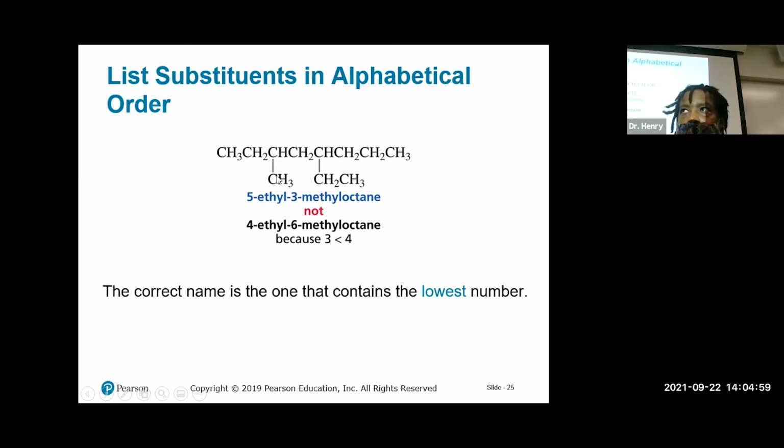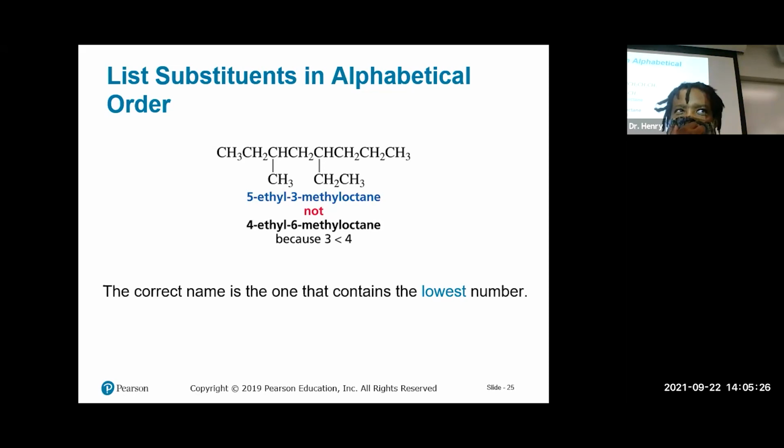We have a methyl coming off of the 3rd carbon, and we have an ethyl coming off of the 5th carbon. Is that right? Or we could have an ethyl coming off of 1, 2, 3, 4, the 4th carbon, and then a methyl coming off of the 6th carbon.